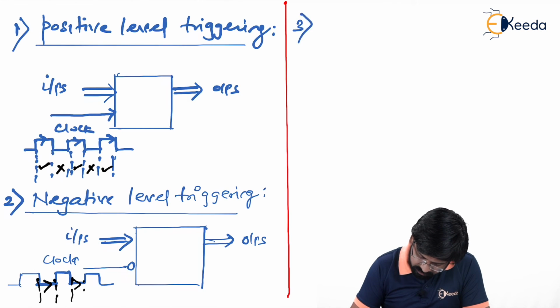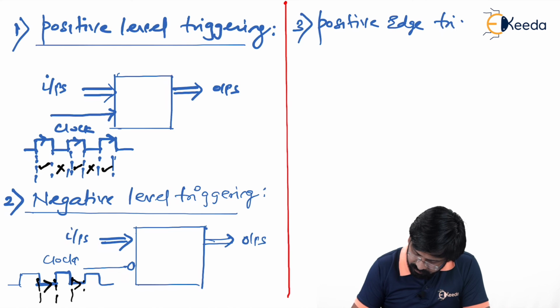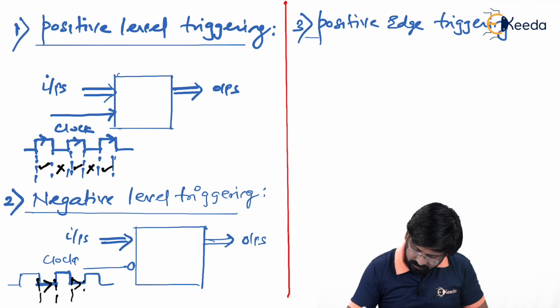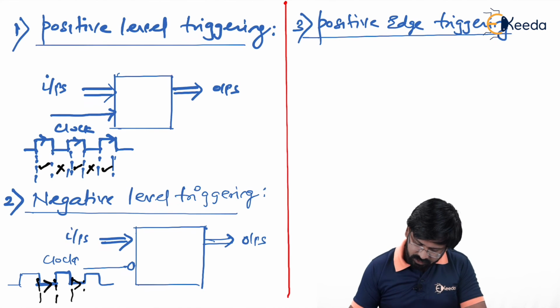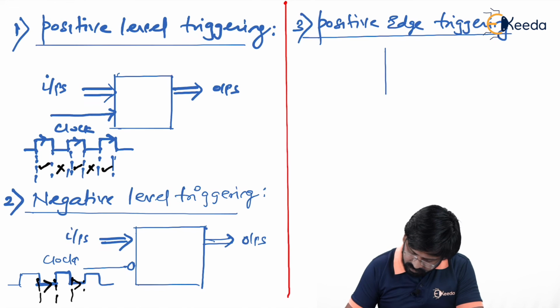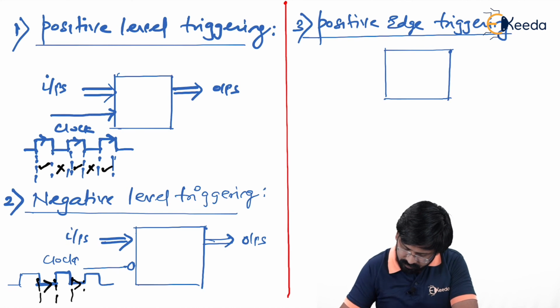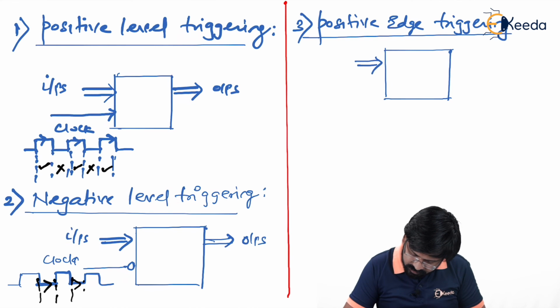So the third category that we are going to see is positive edge triggering. During positive edge triggering, again let us have some device which has again some set of inputs and some set of outputs.